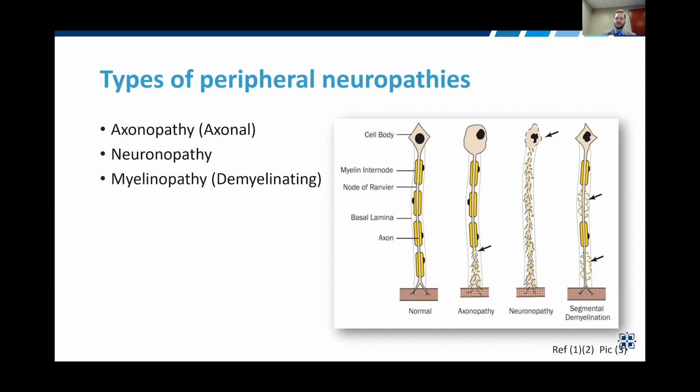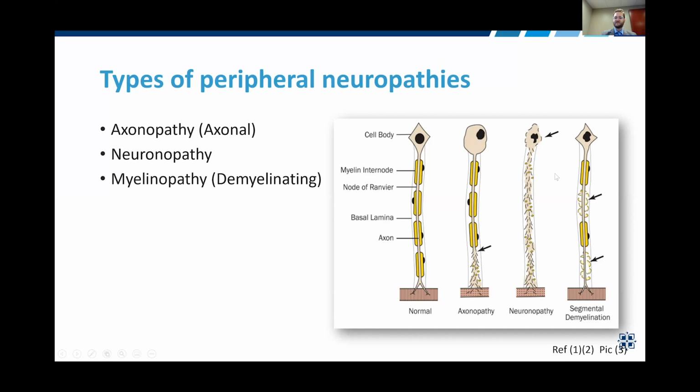So essentially, the myelin allows an increased speed of transmission by allowing saltatory conduction, jumping from one node to the next. When you have an issue involving the axon, this is more of a distal dying back concept. And as you can see here, the proximal myelin is maintained.